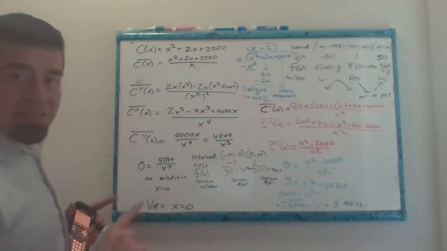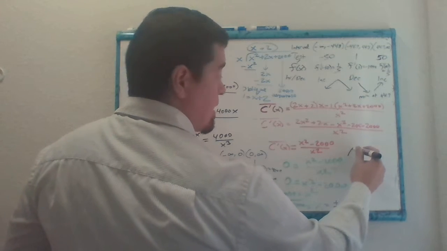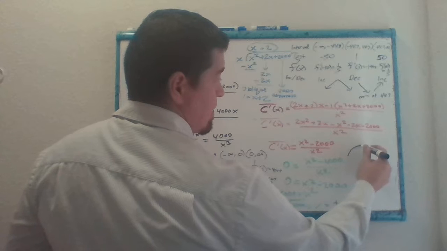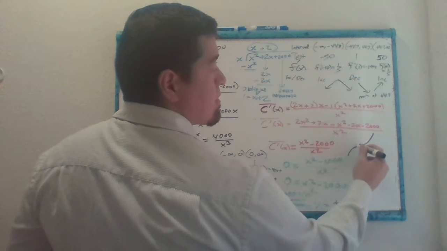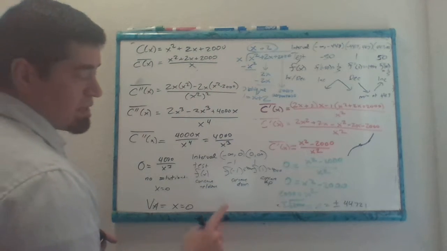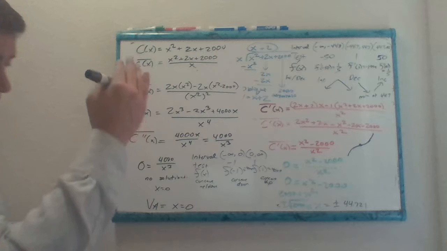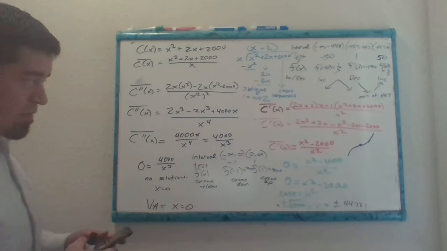A point of inflection has to be a continuous point where it goes concave down and then shifts to concave up. In this case, it's not like that. It's going to be some kind of asymptote, but we'll see it in the picture when we graph it all.